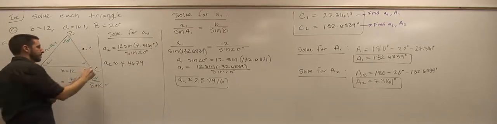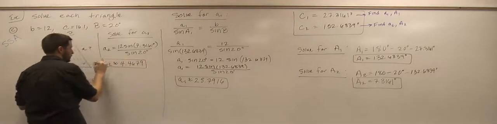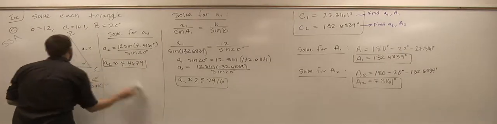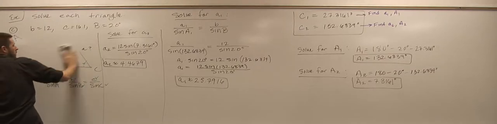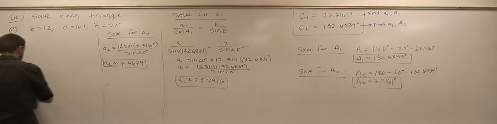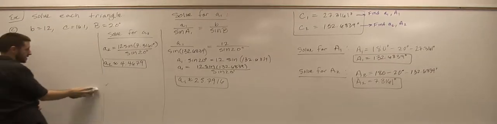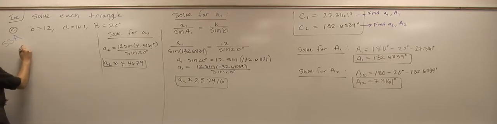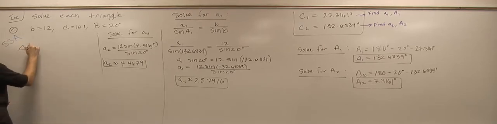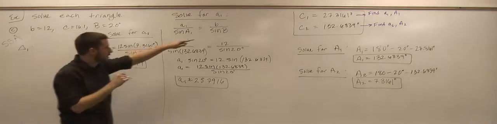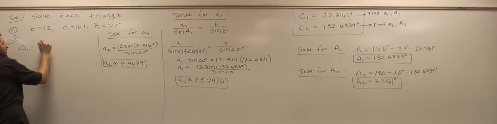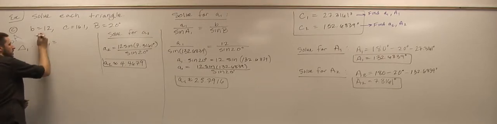All right. So what are my answers? Let me see if I can make any sort of sense out of this. So triangle 1. I have big C1, which I'm going to round to the nearest degree, now that I'm doing my final answer.